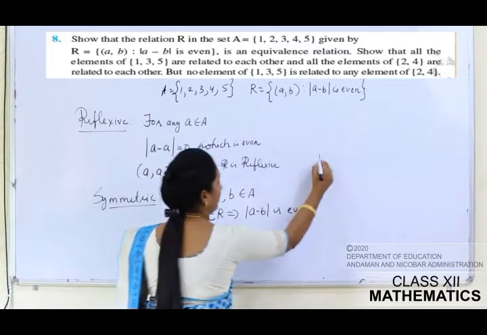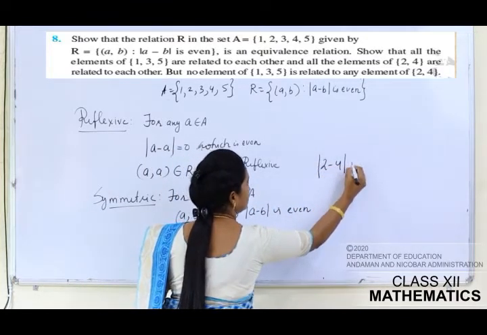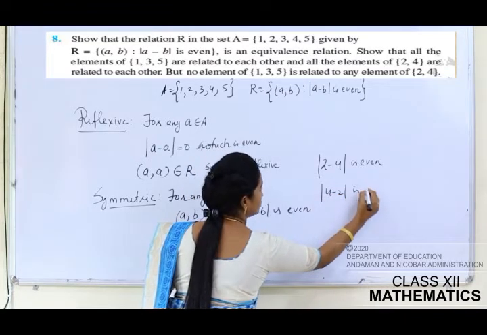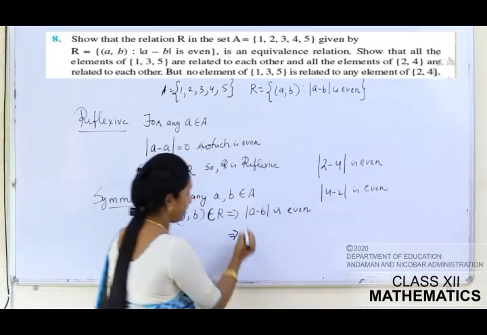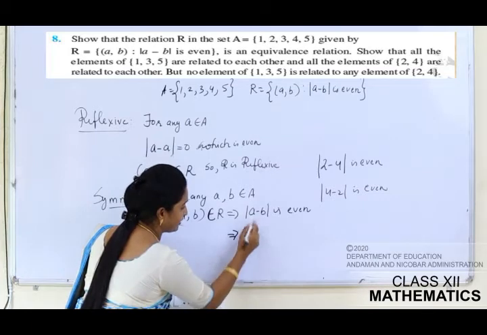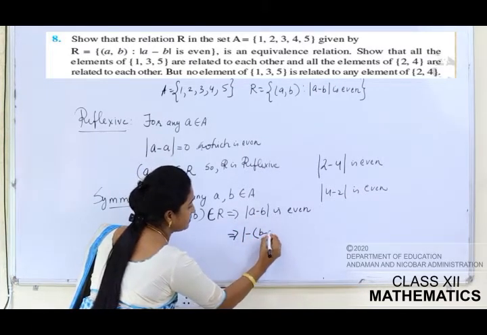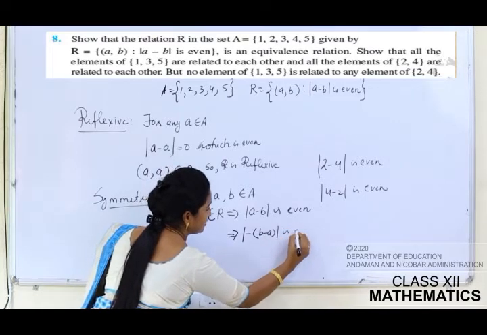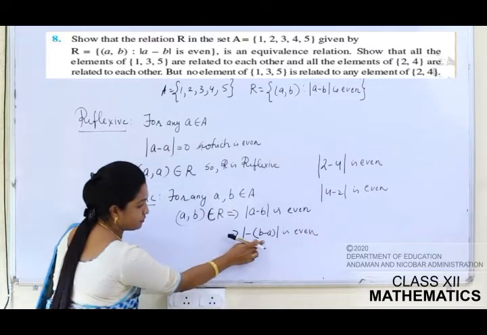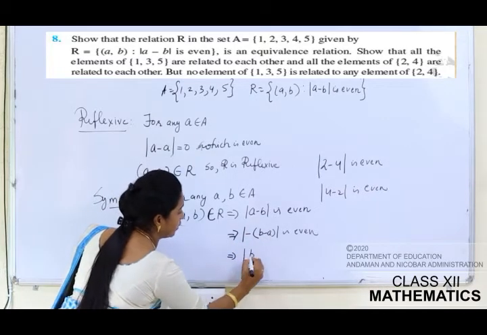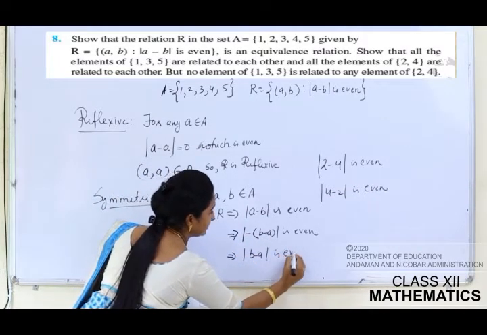See, if you take 2 minus 4, it is even. What about 4 minus 2? It is also even. How can you write this? You can write it as minus of (b minus a), it's the same thing. Now since it is a modulus, you can write that b minus a is even.